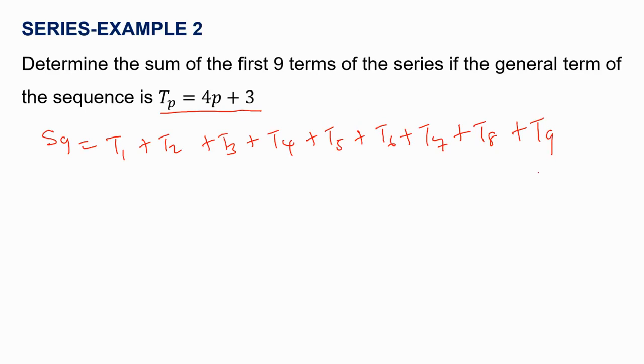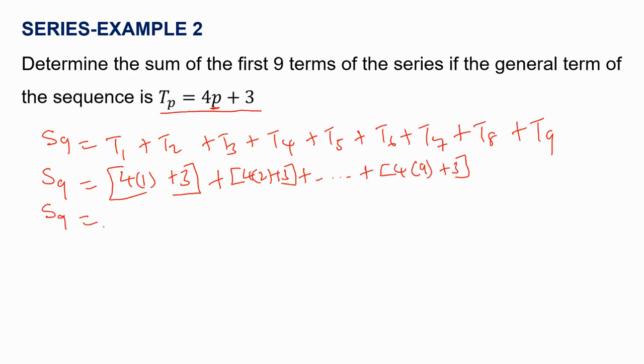Right? So now it means we need to substitute for our term number 1. Where there's p, we put 1. So it's going to be 4 times 1 plus 3, that is term number 1. Then for term number 2, it's going to be 4 times 2 plus 3, goes on like that. It will go on like that till we add term number 9.